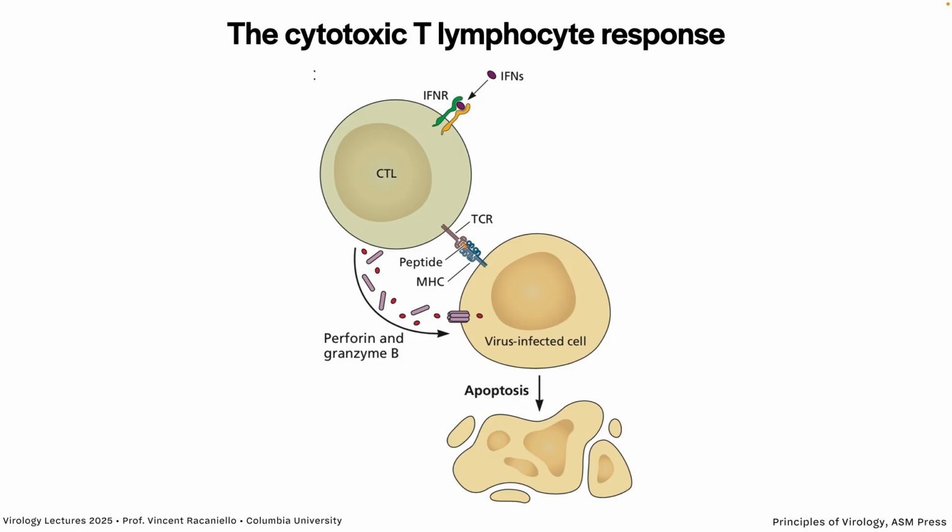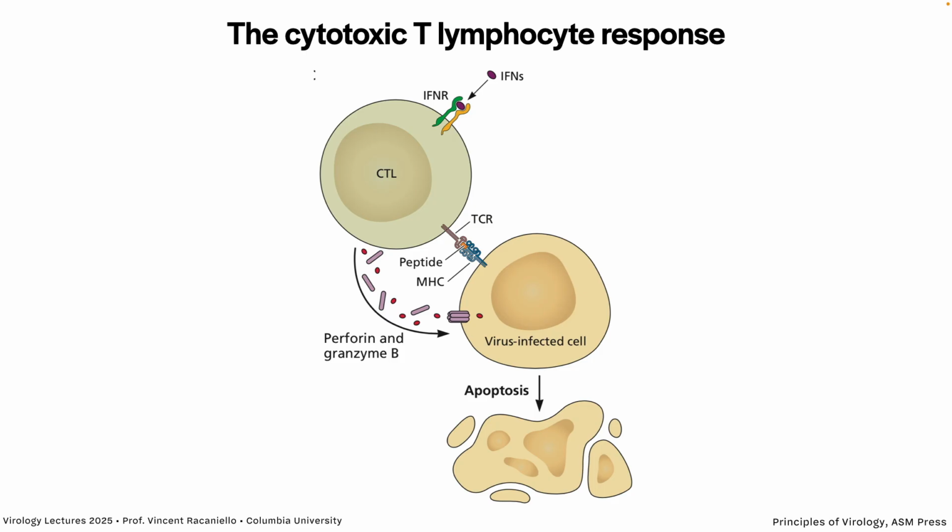An important part of clearing a virus infection, I hope you remember this, is the cytotoxic T lymphocyte response. Remember, we have a virus-infected cell. These cells have MHC1 on their surface, right? And they have peptides displayed in MHC1, both cell peptides and virus peptides. Cytotoxic T lymphocytes have a T cell receptor which they query the peptides with.